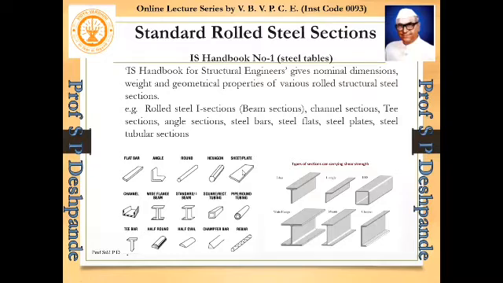But mainly in steel structure, what we are going to use is the rolled sections, which are rolled steel I section, also known as the beam section. You can see it here. Then channel section, this is a channel section. Then a T section, this is a T section. Angle section, steel bars, flats, plates, and so on and so forth.